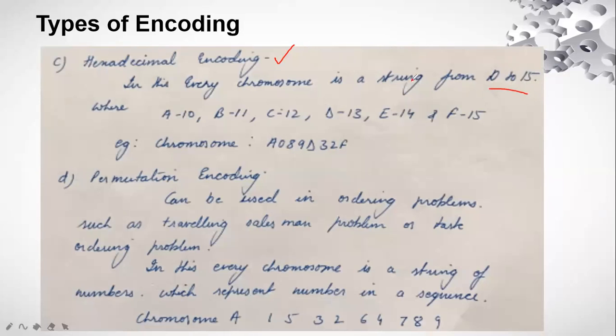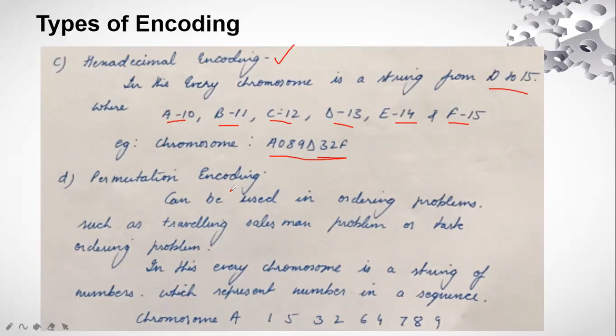So 0 to 9 is there, and then 10 is represented as A, 11 as B, 12 as C, 13 as D, 14 as E, and 15 as F. So this chromosome string is a sequence from 0 to F, I would say, not 15, because 15 is represented as F.